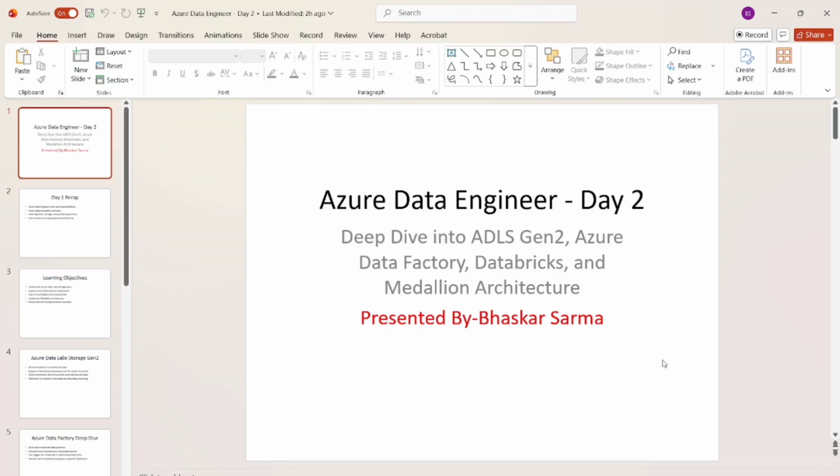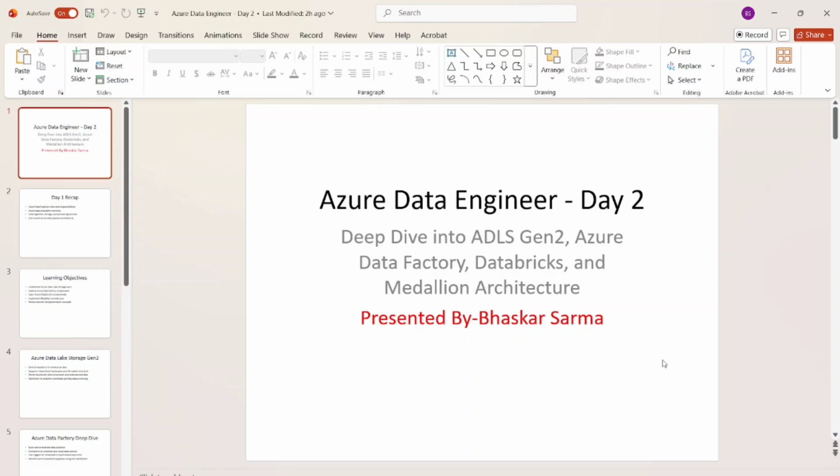We'll learn about Azure Data Lake Storage Gen2 and understand how it serves as a centralized repository for enterprise data. We will explore Azure Data Factory in detail, including its key components such as linked services, datasets, pipelines, triggers, and monitoring.